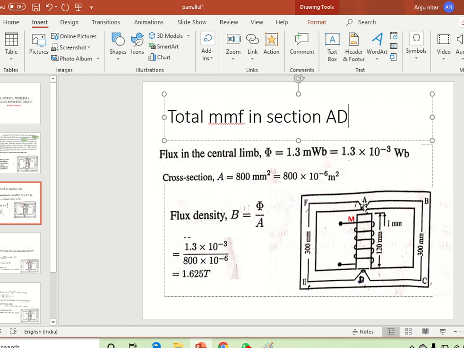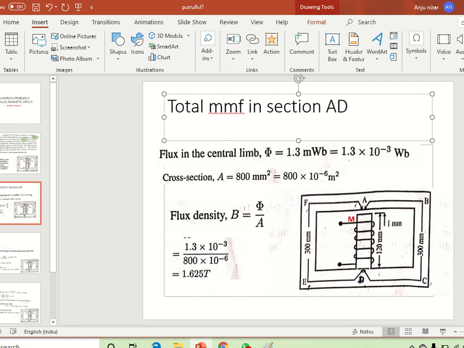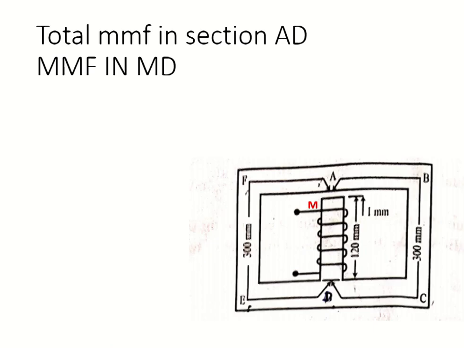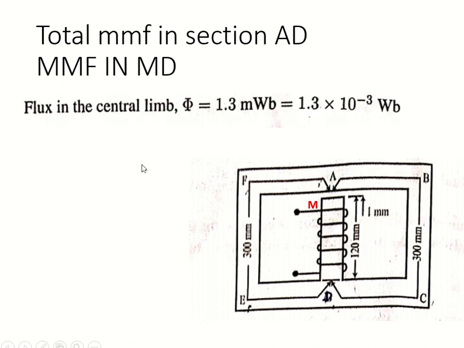First you need to find MMF in AM plus MMF in MD. So first we can find MMF in MD. Next we find the MMF in this portion. For that we know the flux is given.